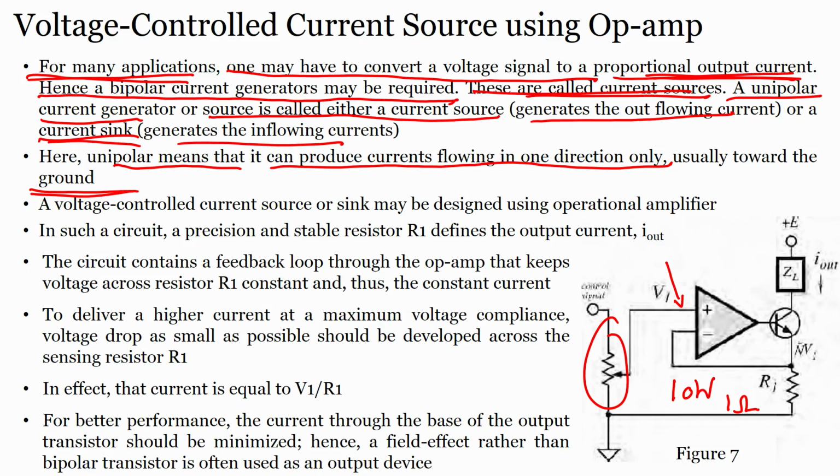Now, you know the concept of virtual ground. We have already seen what virtual ground is. With the concept of virtual ground, whatever voltage is here, the same voltage will try to appear over here. The circuit is nothing but a voltage follower.